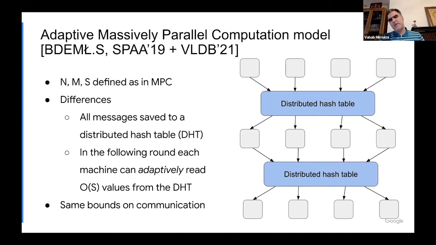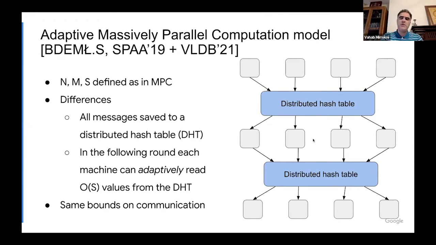The model is similar to MPC, but it's amended by a distributed hash table service. In each round of computation, we have similar restrictions: each machine has sublinear size that it can handle. But instead of sending messages to other machines, the computation that each machine has is written into a distributed hash table service.